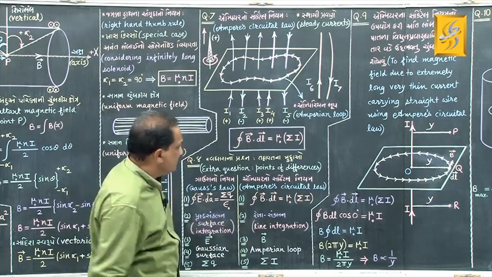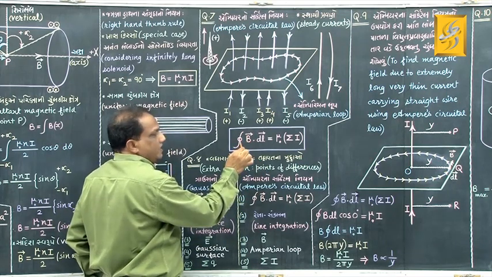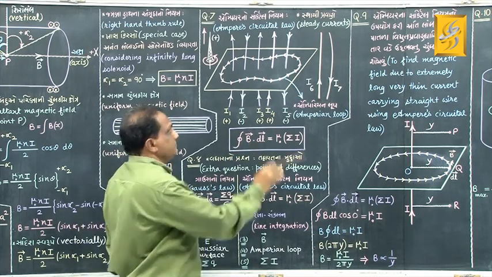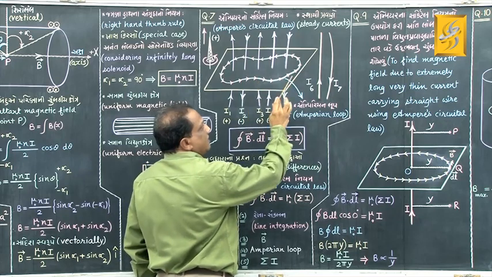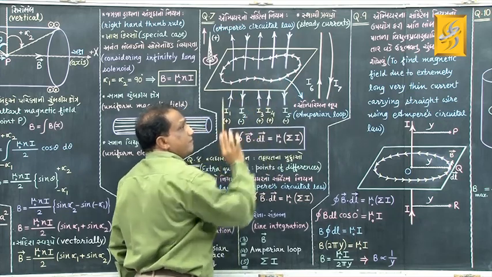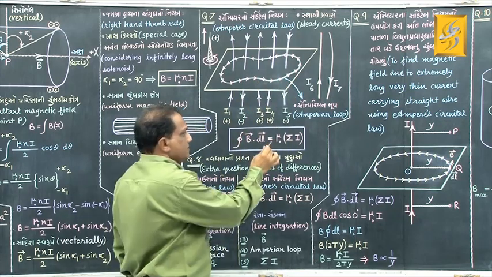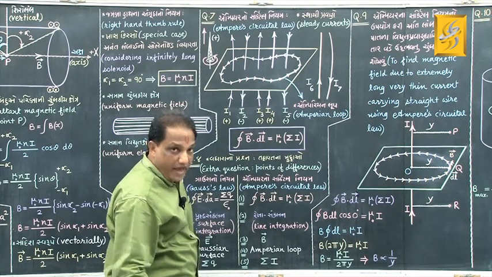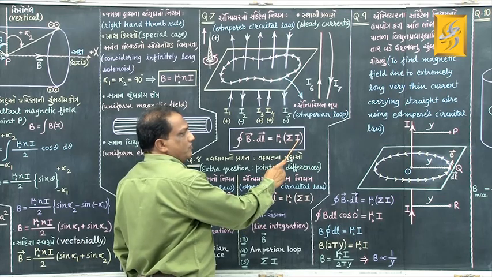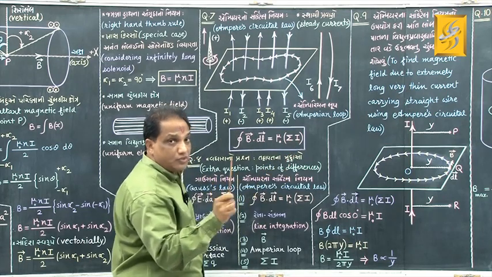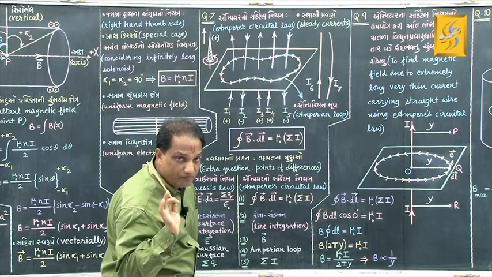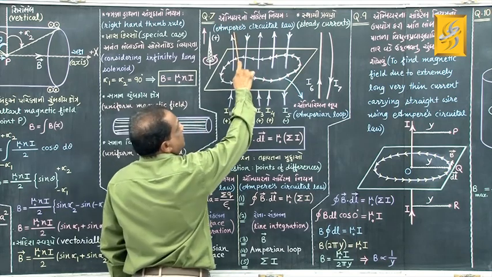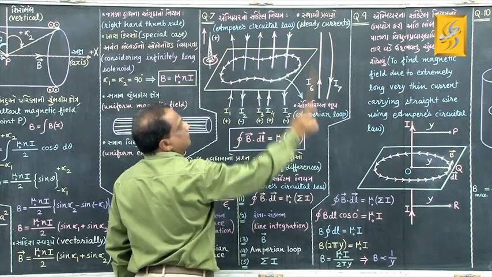I am showing you. Closed line integration of magnetic field taken over a considered planar closed loop in a magnetic field is equal to the product of permeability of vacuum and the algebraic summation of electric currents enclosed by that considered loop, full stop. This very statement is called Ampere's circuital law.